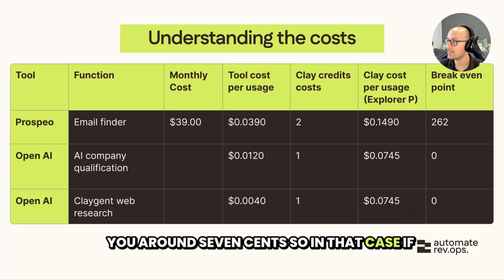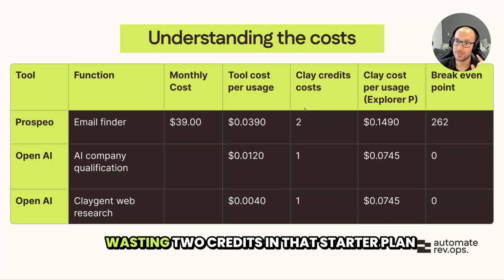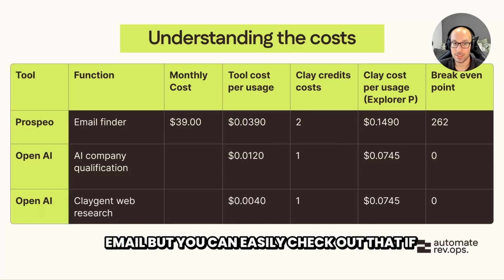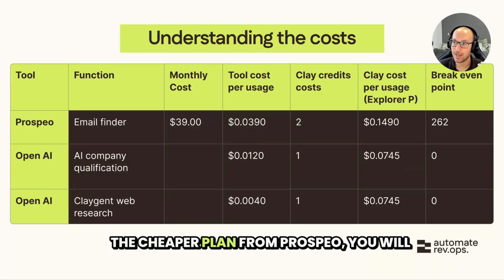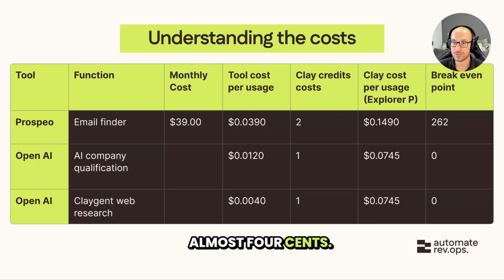So if you spend 2 credits in the starter plan, it will cost you around 15 cents to get that email. But you can easily check that if you subscribe to the cheaper plan from Prospeo, you will access an email for around 4 cents, almost 4 cents.